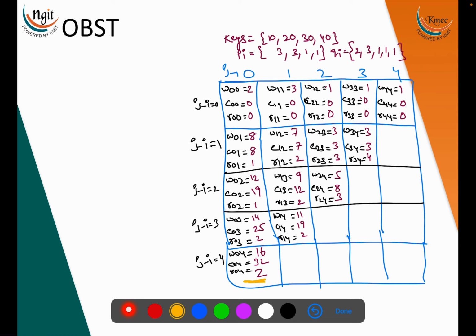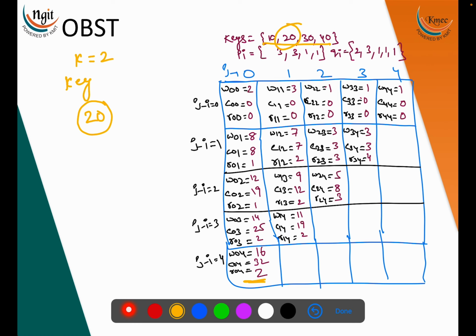You are given 4 keys, and the final key is k equal to 2. When k is equal to 2, that means the key value in the second position, which is 20. When 20 is in the root position, you can see the minimum cost.